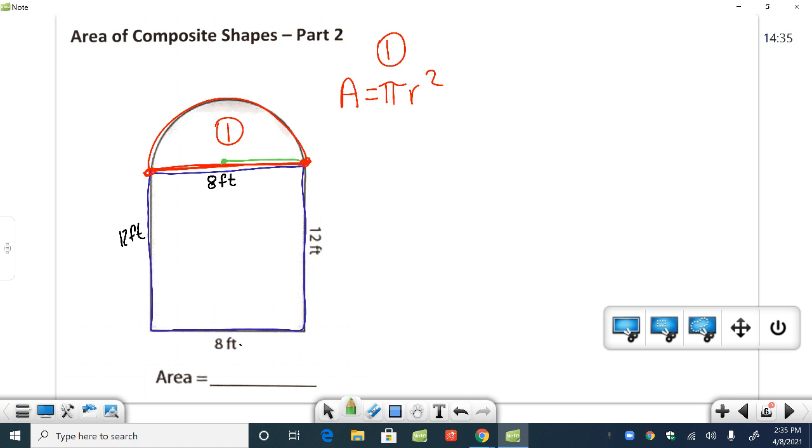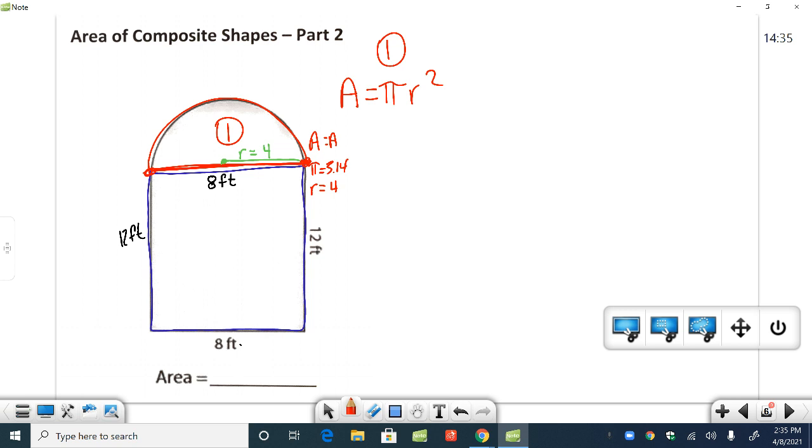If the whole thing is 8 feet, that means that the radius is 4. So now we have enough information to plug into our formula. I didn't give you the area. We already know that pi is 3.14, and we know that r is 4.